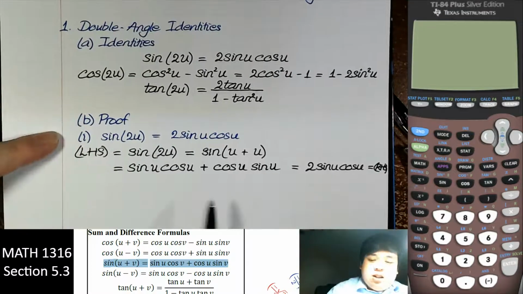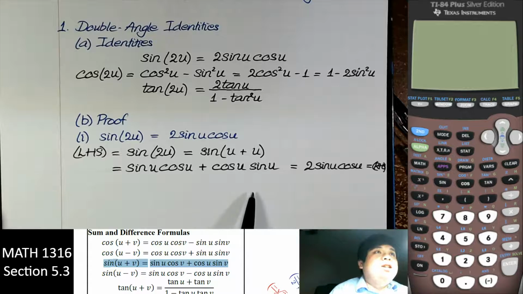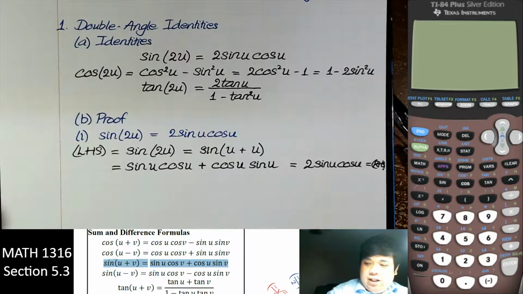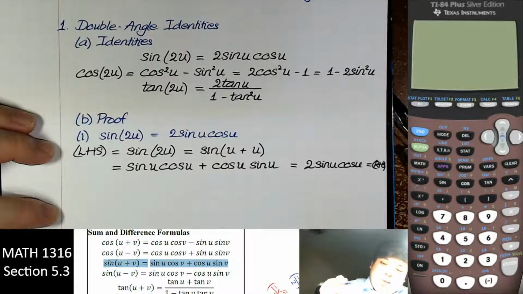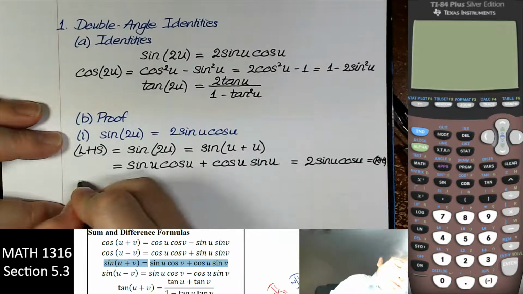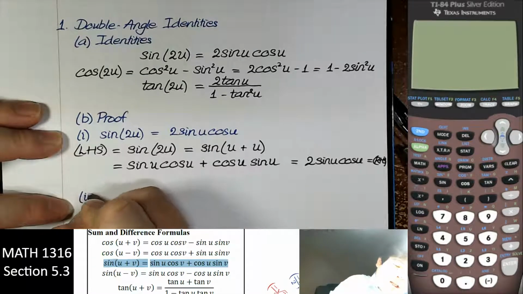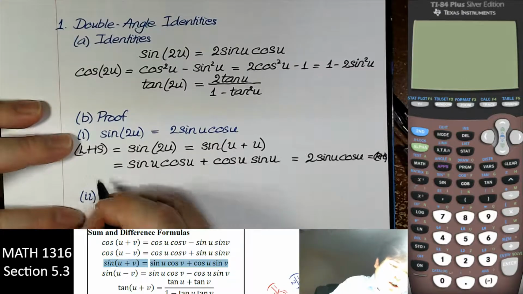So we start with the left hand side equal to the right hand side. Like I said, the proofs for these identities are fairly simple. Maybe not this one, but the others are simple.